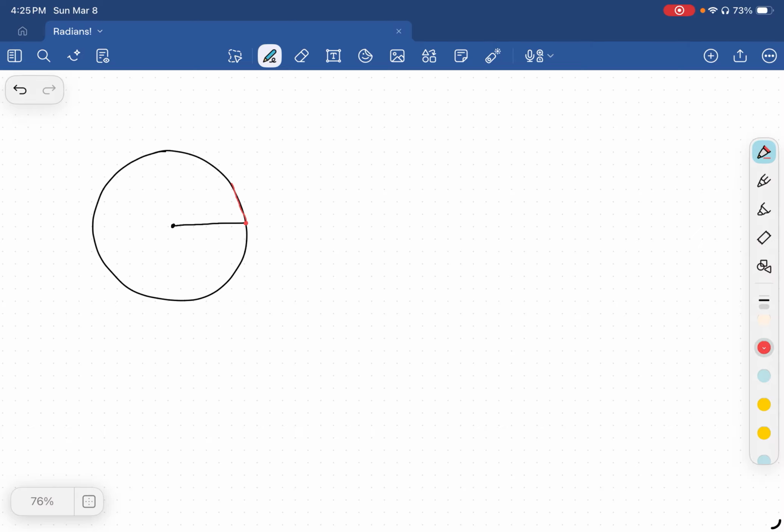Well, there's 1 radius, and here's another radius. Here's another radius. We're almost halfway around now. Another one here. Another one here. Another one right here. Almost all the way around now. And then there's a little bit left.